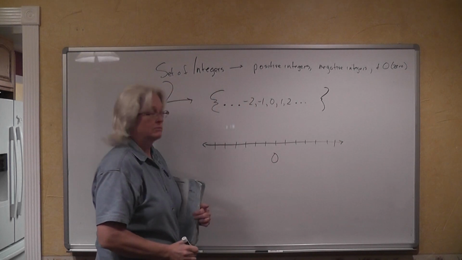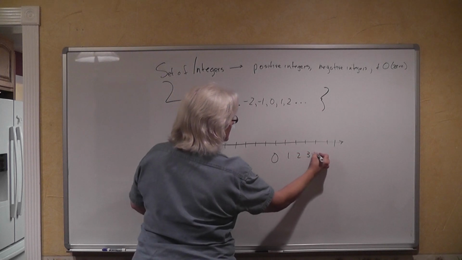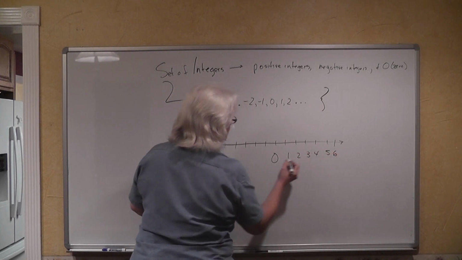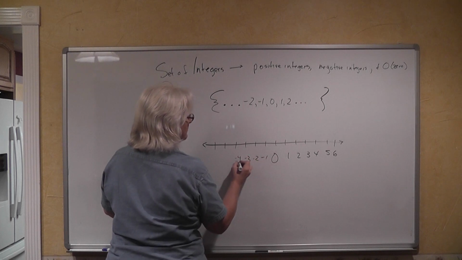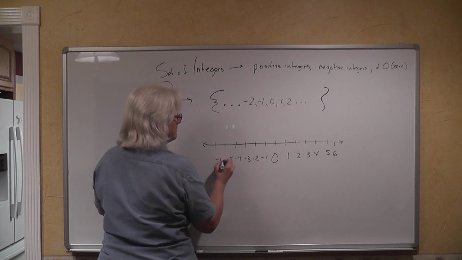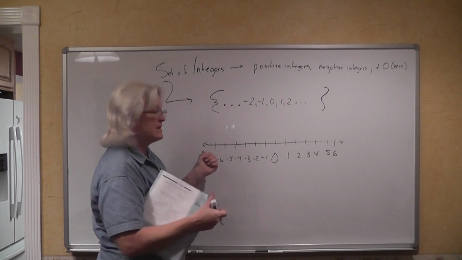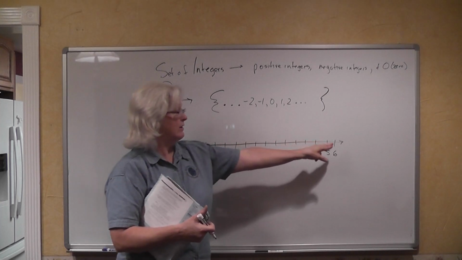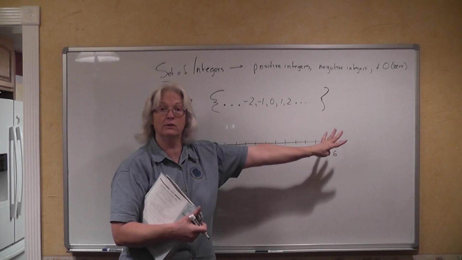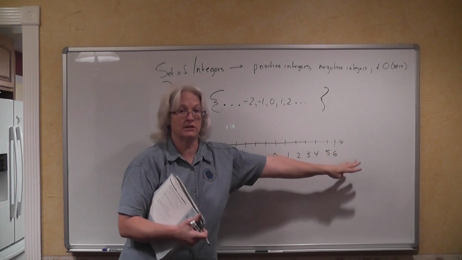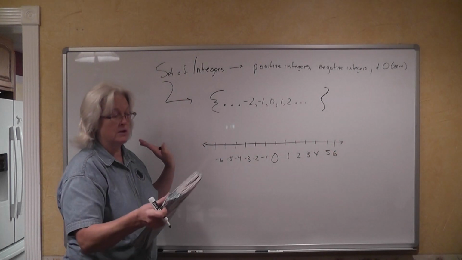There's 0 in the center of our number line. 1, 2, 3, 4, 5, 6, -1, -2, -3, -4, -5, and -6. Our number line has arrowheads on the end to indicate that that pattern continues forever in a positive direction, continues forever in a negative direction.